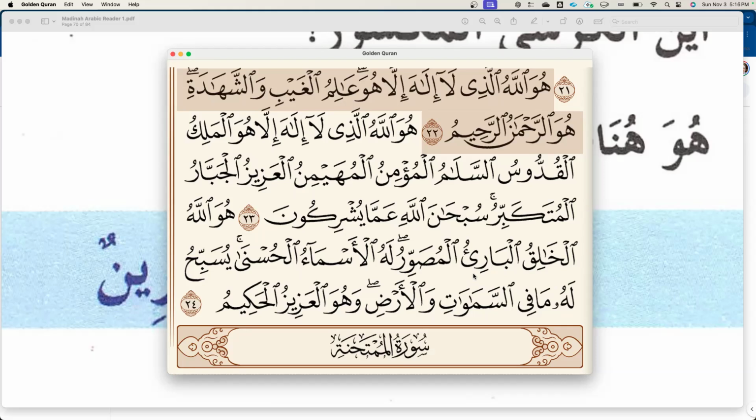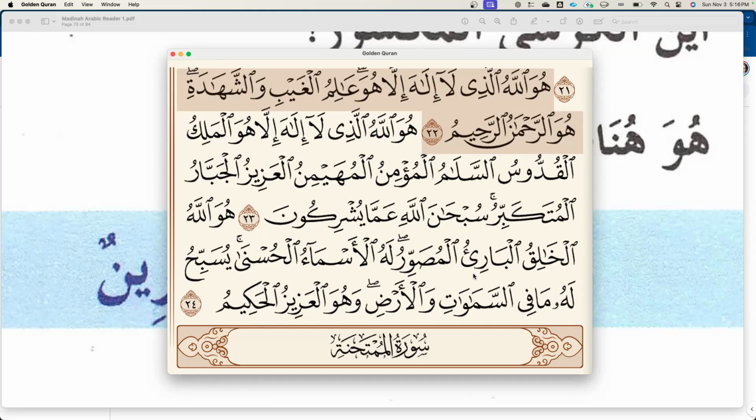Ex nihilo means to create something out of nothing. There's nothing, Kun fayakun. He says be and it is. That is a term in philosophy. It's called ex nihilo, E-X dash N-I-H-I-L-O. So that's al-Bari, the one who brings about creation from nothing.